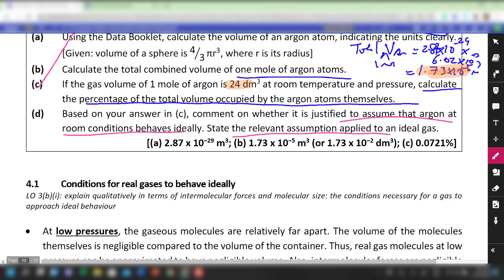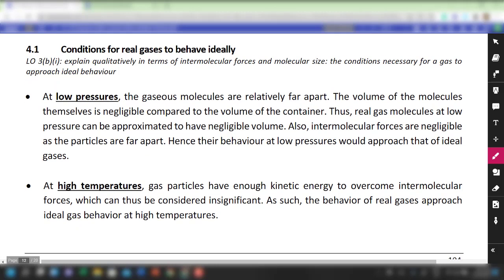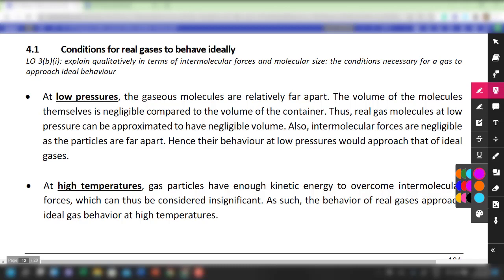Then next we have 4.1, which states the conditions for real gases to behave ideally. There are two important conditions which you need to be aware of: low pressure and high temperature.